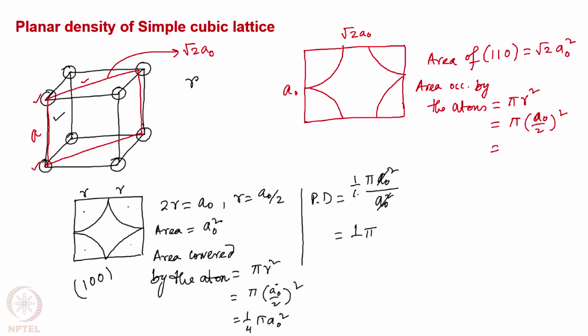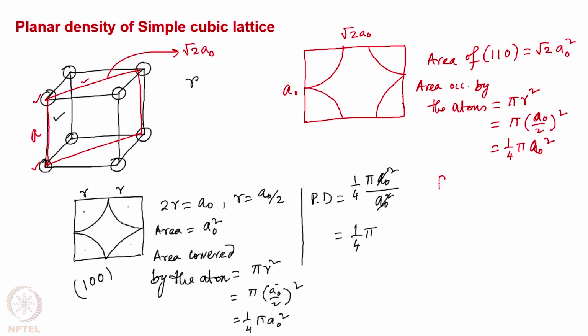So 1/4 comes here. So now we do the same thing here as well. So 1/4 pi a0 square.